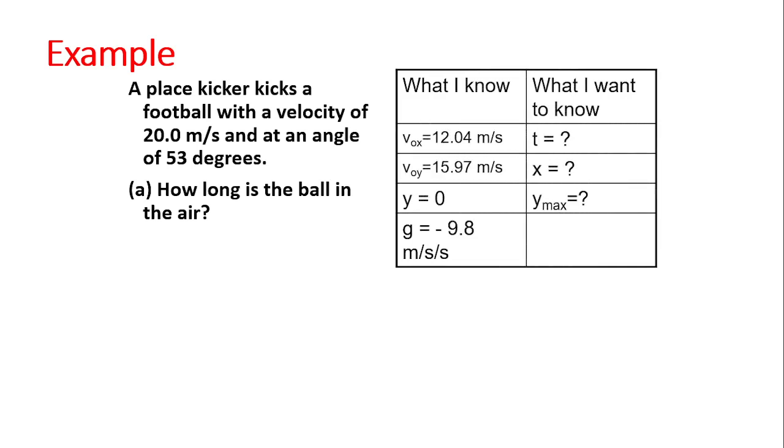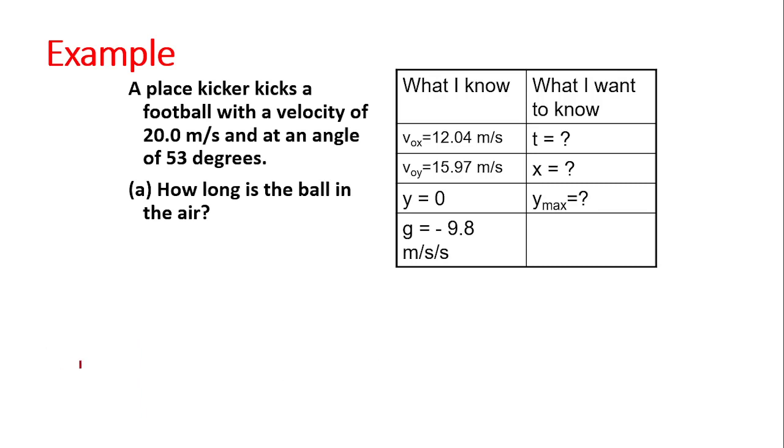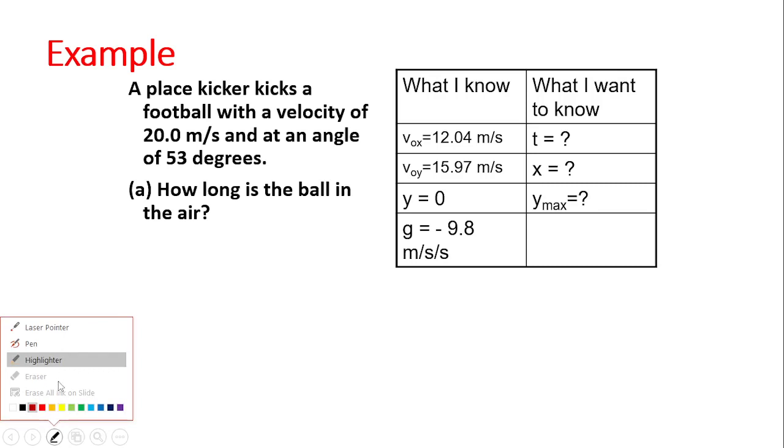What do you have? What we know is that the velocity x component is 12.04, and the y component is 15.97. Then remember the distance, which has been treated to be what?